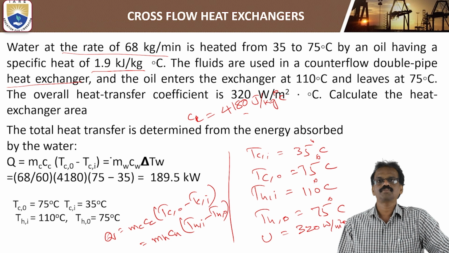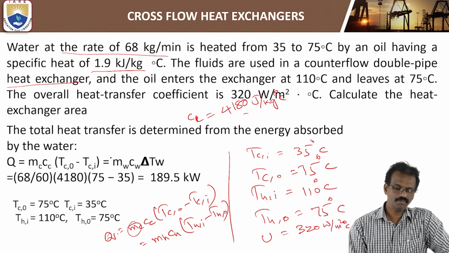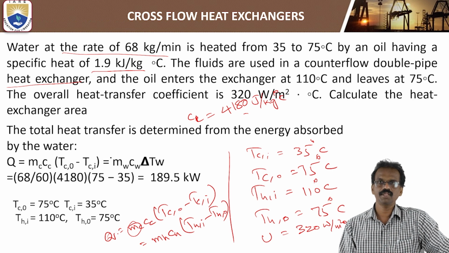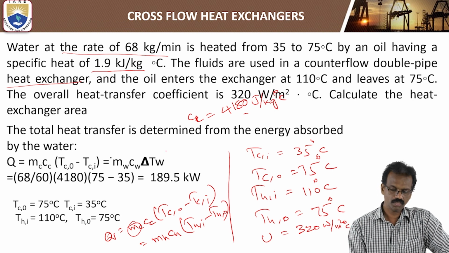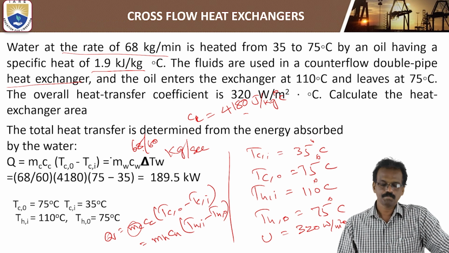We already discussed this formula in previous classes. Here MC is given as 68 kg per minute, and you have to convert it to kg per second, so it is 68 by 60 kg per second.